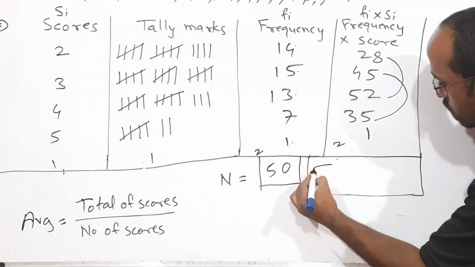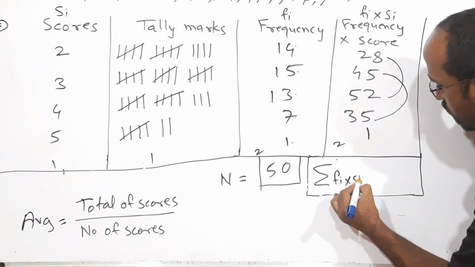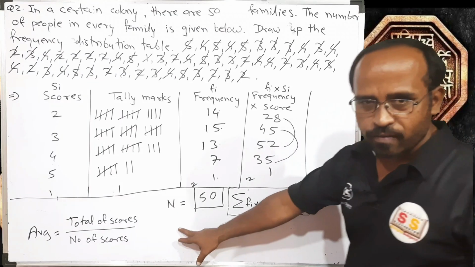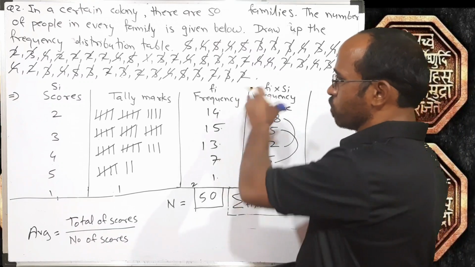So summation of Fi into Si is equal to 161, and we can use this to find the average, which is part of the 8th standard syllabus, which we are going to cover here.